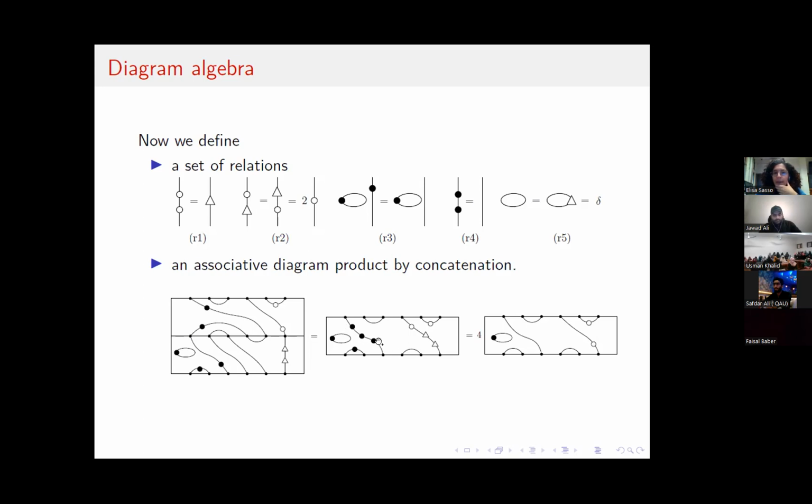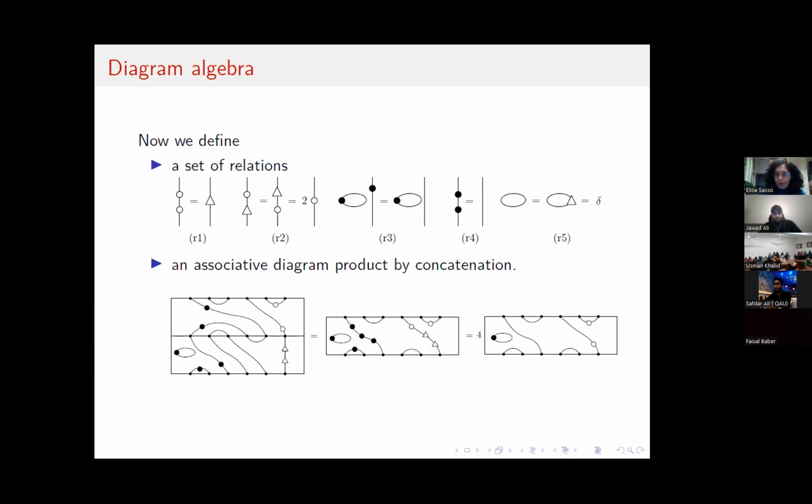So for example, in the first edge with these 3 black dots, we delete 2 dots because they disappear by R4, and then by R3 the other dot also disappears. Then you do all the computations and obtain an irreducible diagram, irreducible because we cannot apply any other relation.